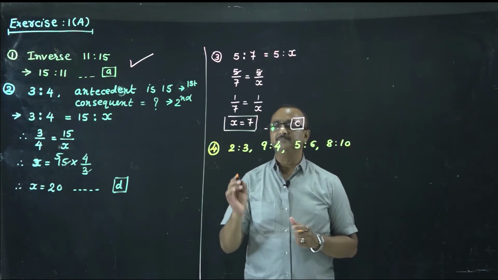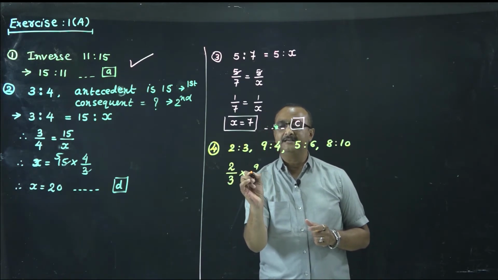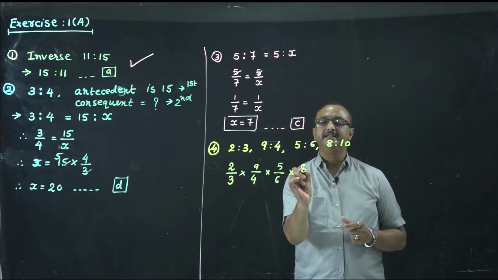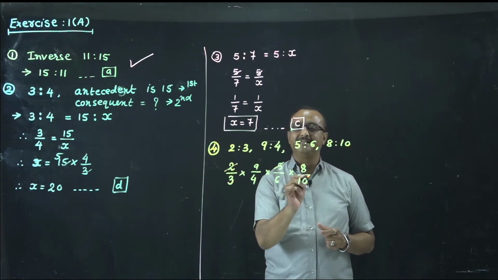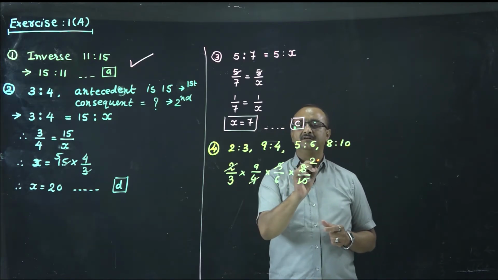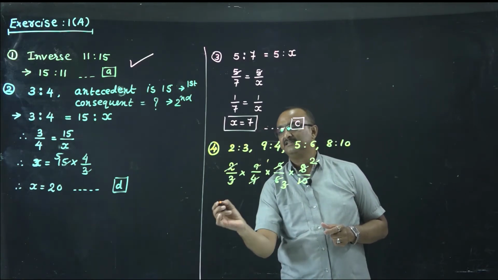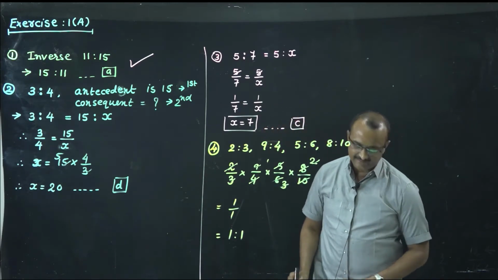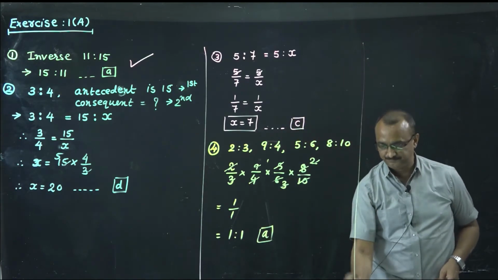It is nothing but only multiplication, like 2 by 3 multiplied by 9 by 4 multiplied by 5 by 6 multiplied by 8 by 10. So 5 2s are 10, 10 cancel, 4 2s are 8, 3 2s are 6 and 3 3s are 9. So our answer is 1 upon 1, it is equal to 1 is to 1, and option A is correct.